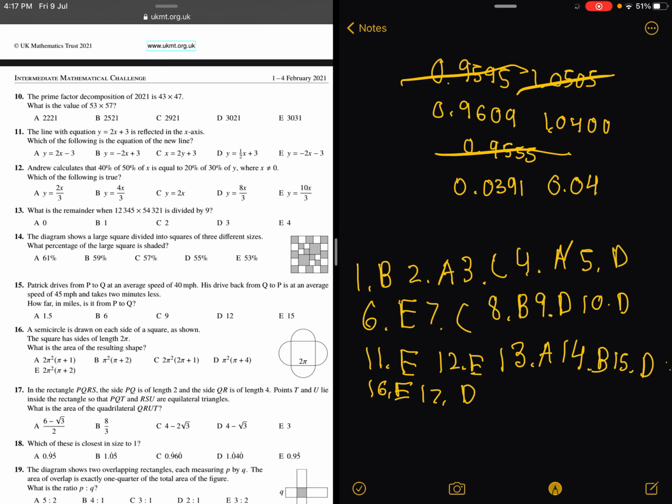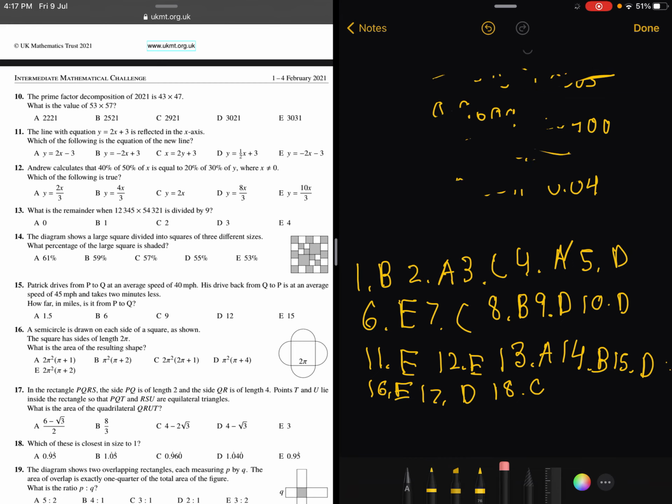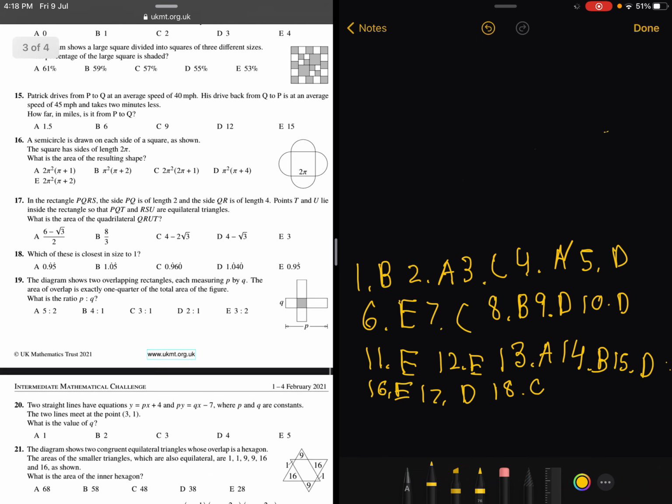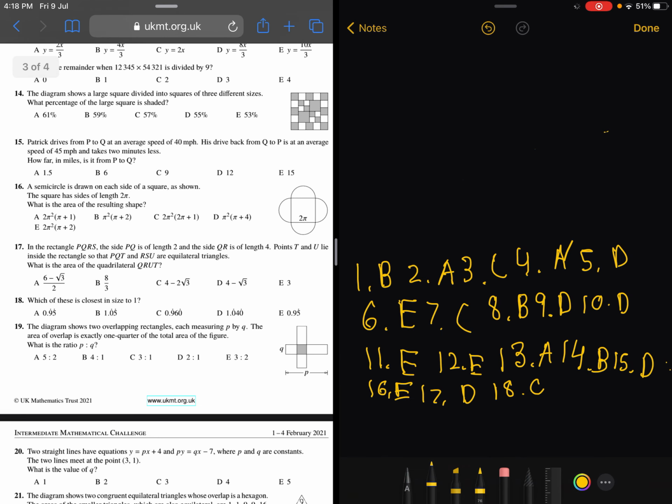So 0.039 is less than 0.04, so the answer would be C. So 18 is C. For this, you actually need to write out the first 4 to 5 digits. If you leave them as recurring decimals, you will definitely get confused. So my advice to you is to not leave them as recurring decimals. Alright, question number 19.